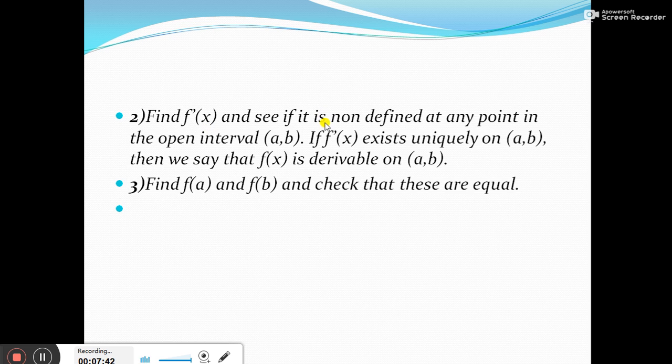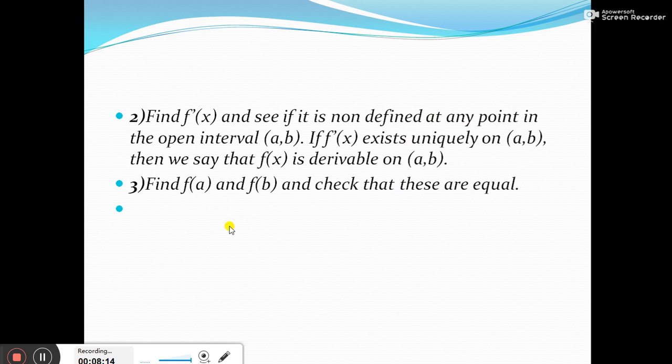But if it is not non-defined at any point, and if f'(x) exists uniquely on (a, b), then you can say that f(x) is derivable on (a, b). I hope you understand the differentiability point.